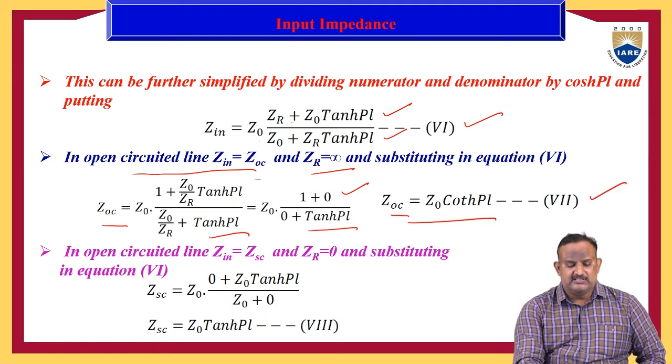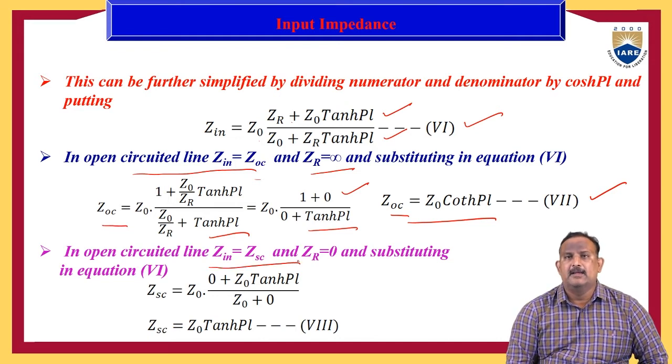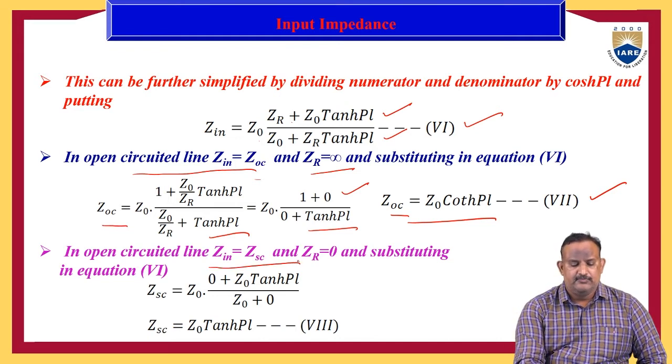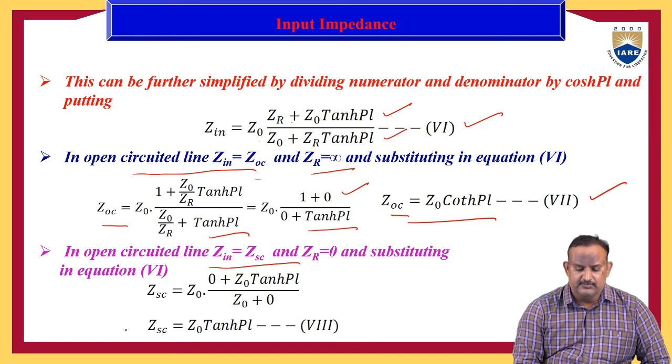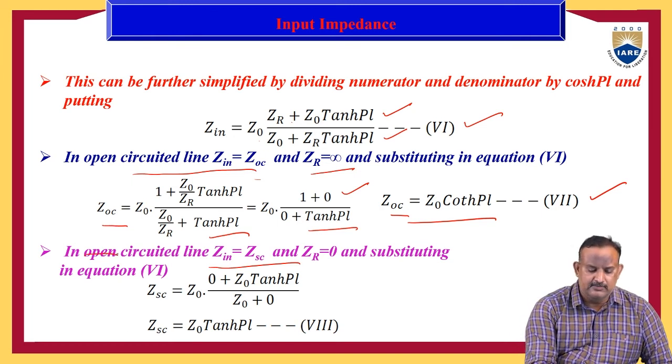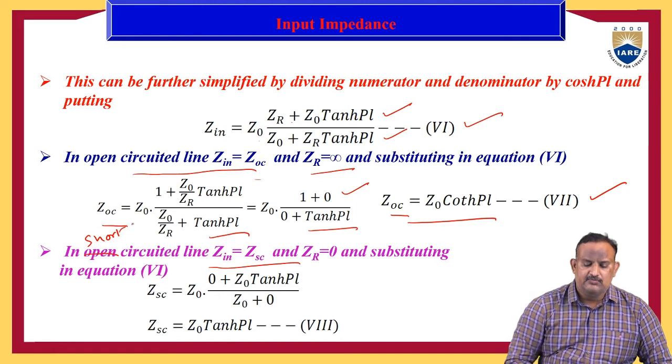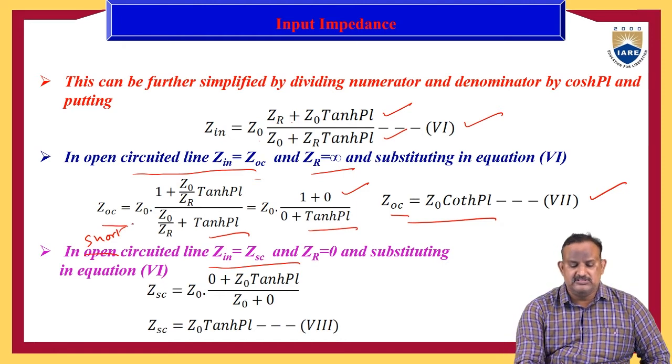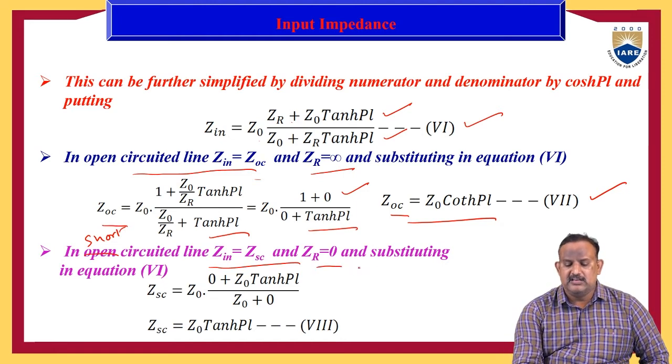Similarly, for a short circuited line, we substitute Zn equal to ZSC and ZR equal to 0.